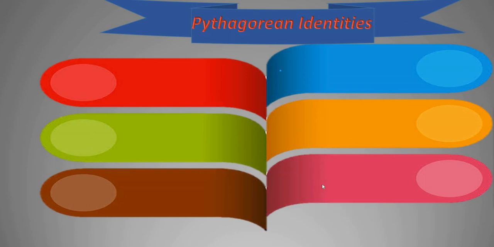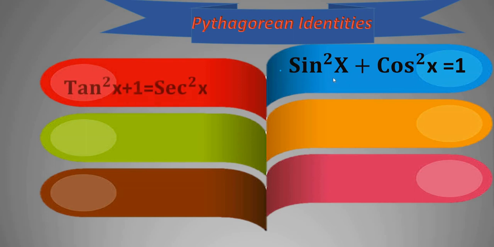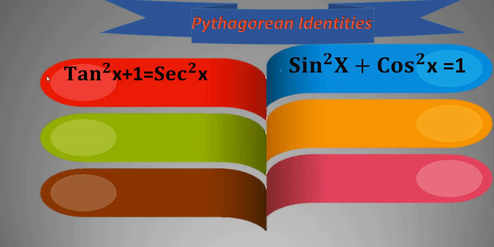Pythagoras identities. It's a very important equation. Sine power 2 plus cosine power 2 equals 1. If we divide both sides of this equation by cosine power 2, we get tan power 2x plus 1 equals sec power 2x.